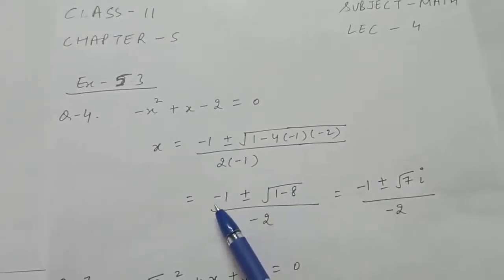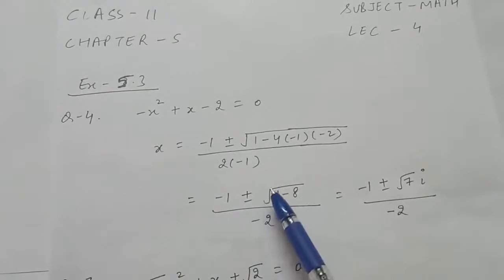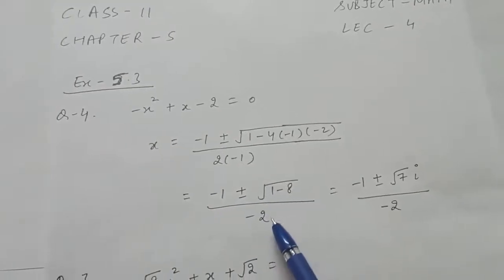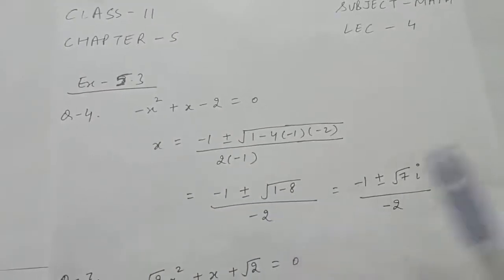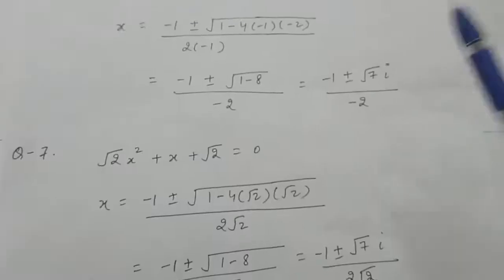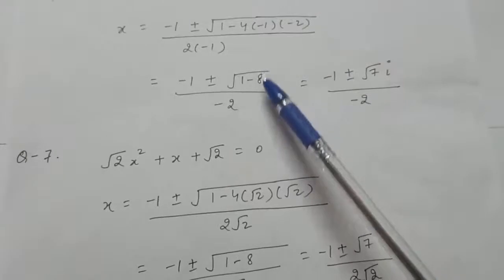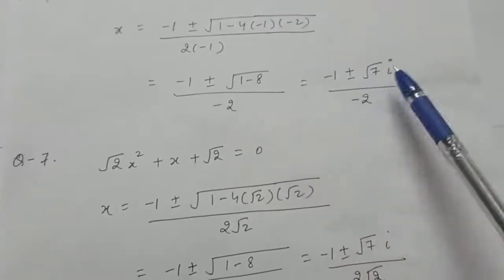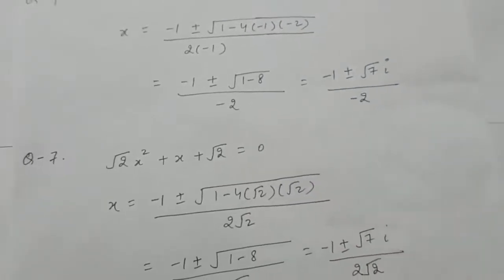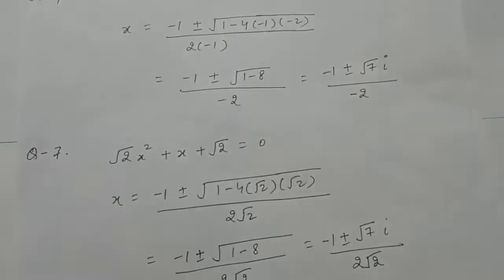So this will become minus 1 plus minus root 1 minus 8 upon minus 2. So this becomes minus 1 plus minus, now this is root minus 7, which can be written as root 7 iota, upon minus 2. So this is the solution of question 4.